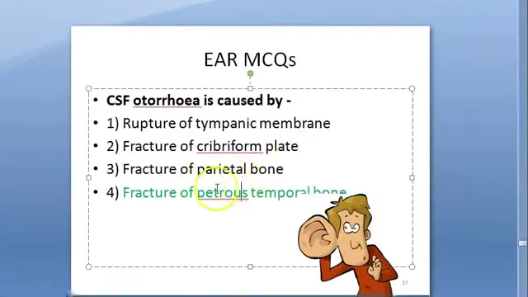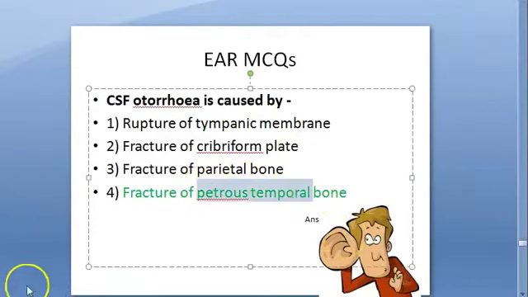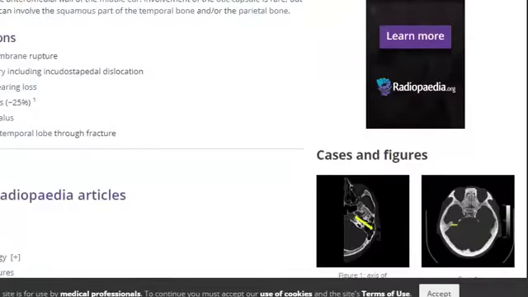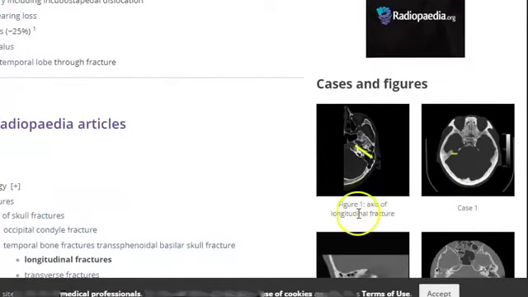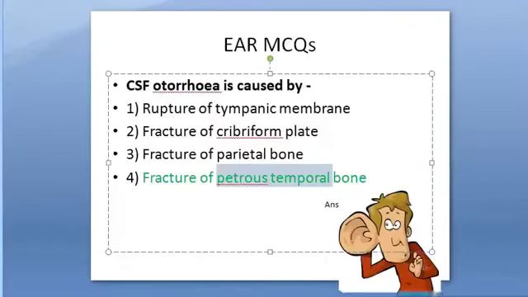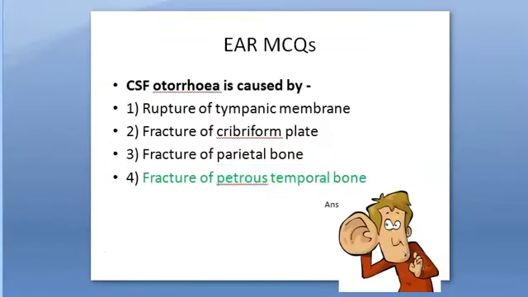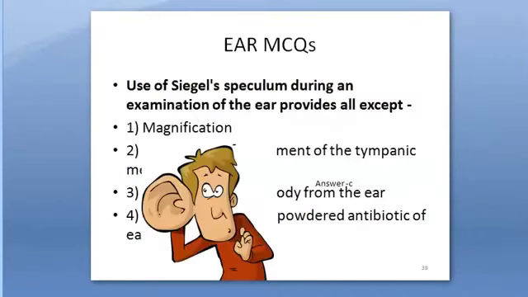According to the textbook, it is in the longitudinal fracture of the petrous temporal bone. Longitudinal means how it will be? This is the axis of longitudinal fracture. Better to read some standard books for this information. Now let's move on.